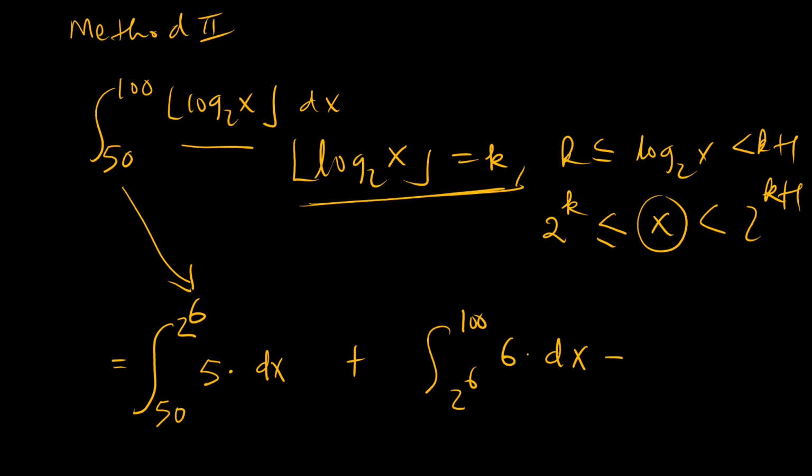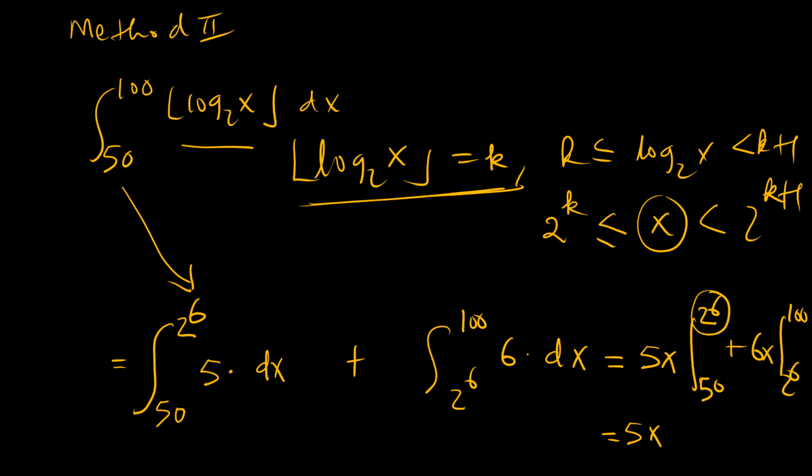So which is equal to 5 times (64 minus 50) plus 6 times (100 minus 64), which is 5 times 14 plus 6 times 36, which brings us to 286 as the value that we expected.